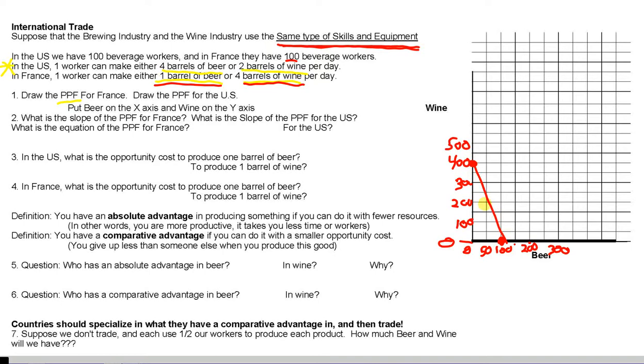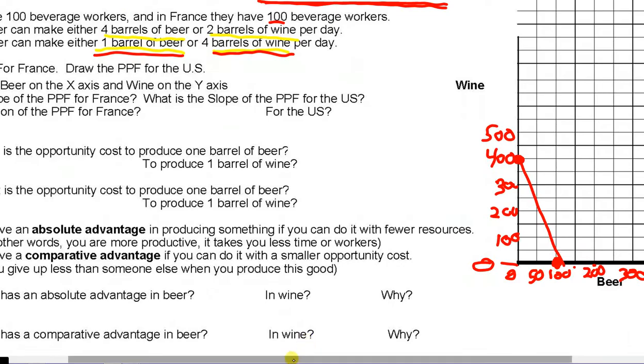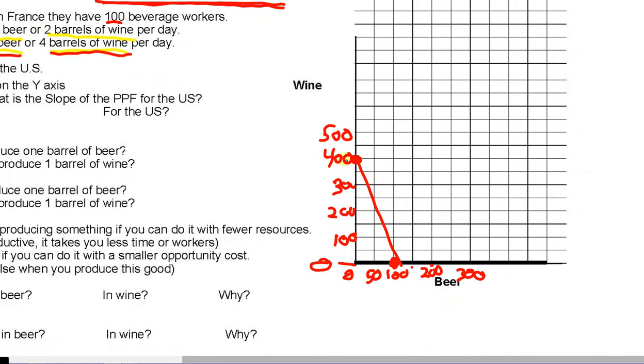Now, what does the slope of that line mean? Let me zoom in here real quickly so we can see this slightly better. What this slope is telling us is, if we start off at this point where we're making no beer and 400 wine, and we wanted to produce a barrel of beer, we're going over 1.